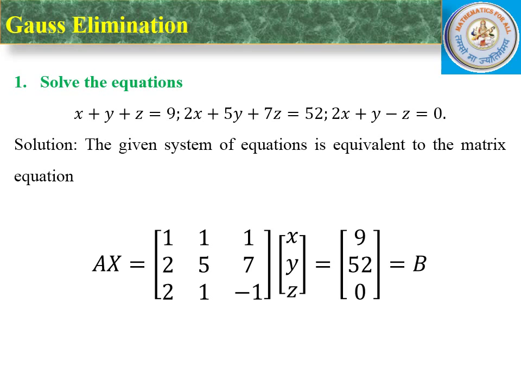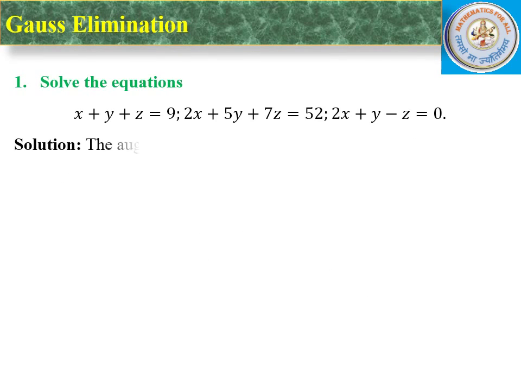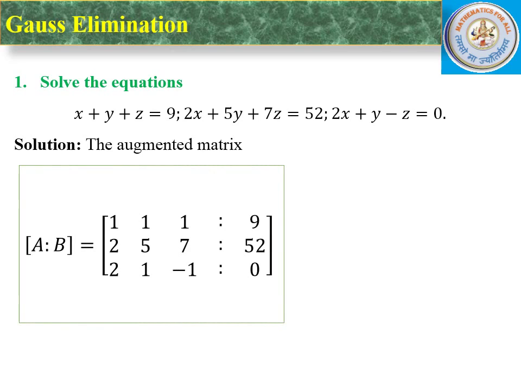After that, we define the augmented matrix that comes from AX is equal to B. The augmented matrix is defined in the form [A|B].